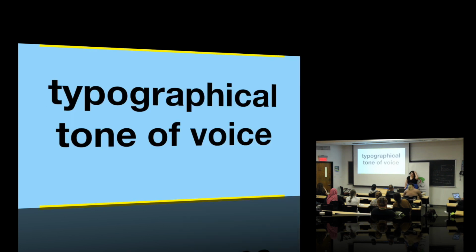So, another big domain to look into is how people in a particular language express what I call typographical tone of voice. So how they use respellings and punctuation and capitalization to convey a particular expression. For example, languages that use alphabets that have a capital and a lowercase often use the capitals and the lowercase to stand for something different.